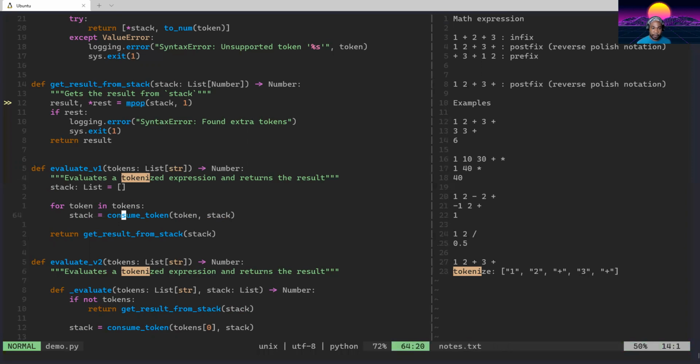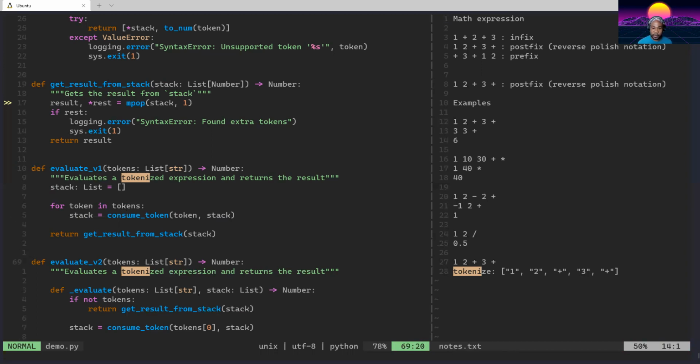And so we can now dive into what's going on with consume, but I also want to just show that the transformation of this iterative solution to a recursive solution is not a difficult one to make, right?